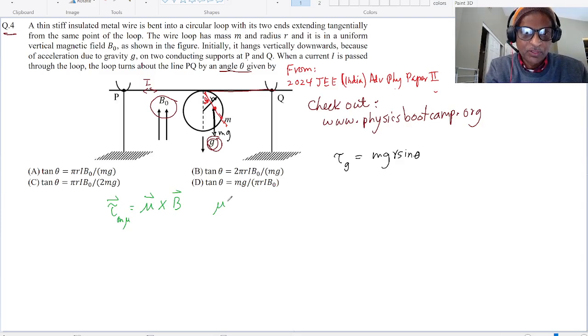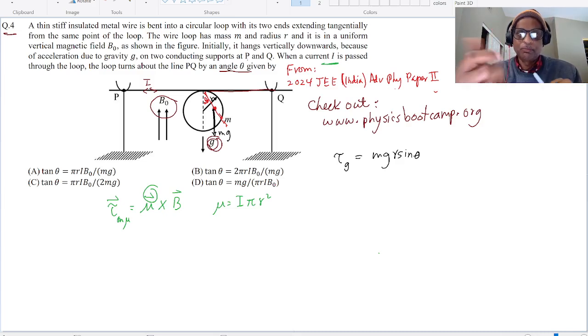The magnitude of mu is the current flowing, which is a constant current I, times the area of the loop, pi r squared. Depending on which way the current is going, that gives the direction of this vector, which you can get using the right-hand rule. But because there are only two torques, they will cancel out, so all I have to figure out is the direction of these two.